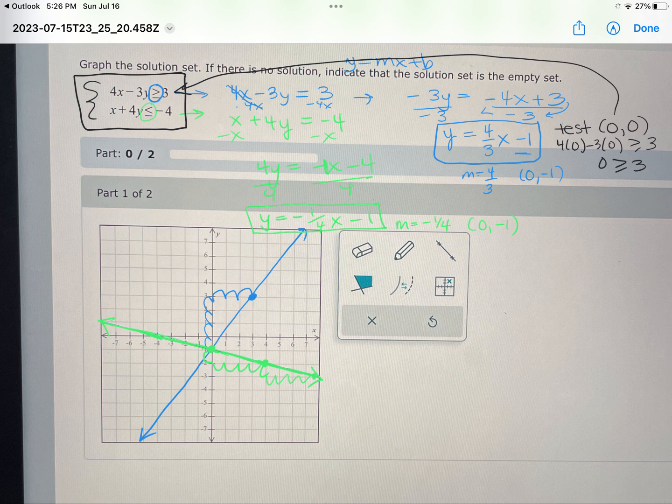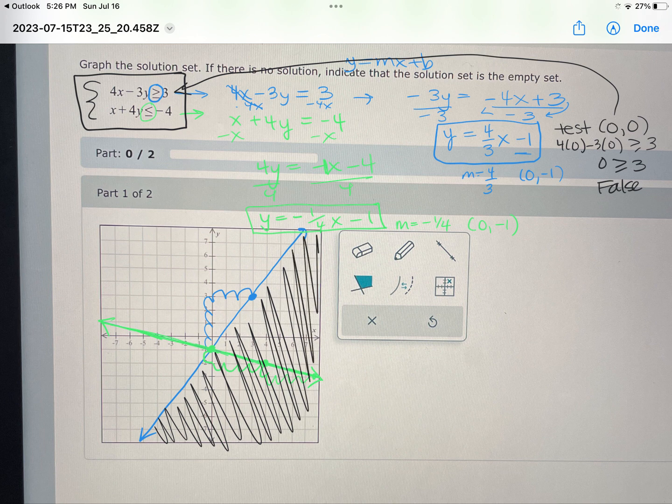Now, is 0 greater than 3? Is 0 bigger than 3? No, that's false. So for that blue line, I don't want to shade up here because that section would include that 0. What I do want to shade is this down below portion. And every point in this shaded region satisfies that inequality.